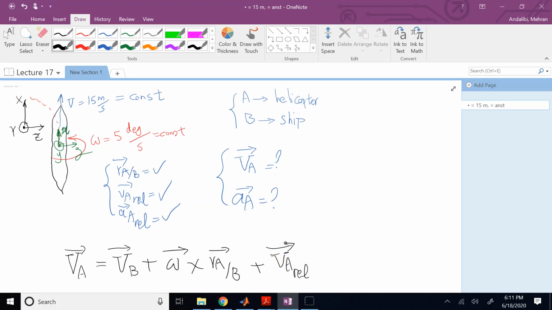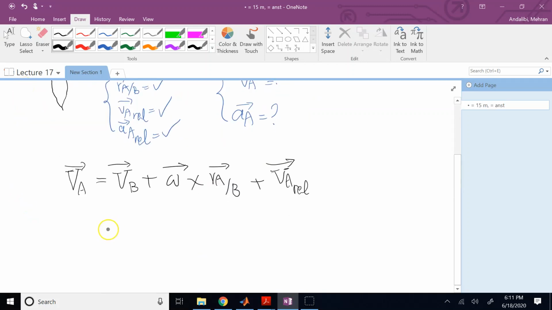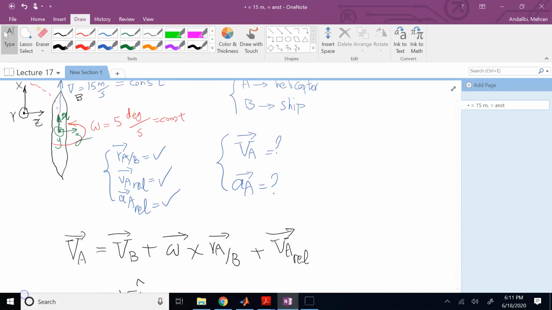And clearly you see that v of the ship is 15 units in the x direction, so it is going to be 15i. Then we have to convert omega into standard units. If you look here, it's 5 degrees per second, but the standard unit we have is radians.